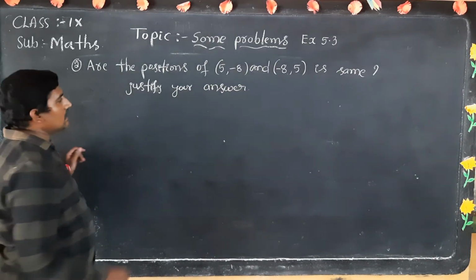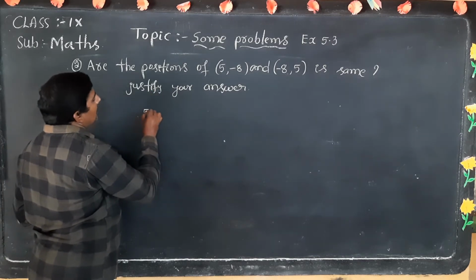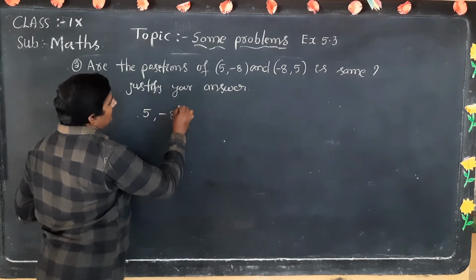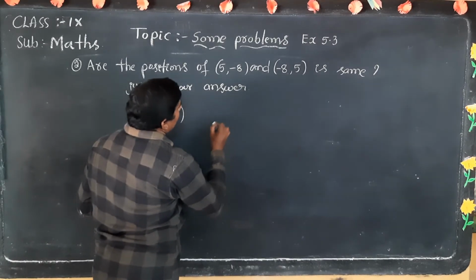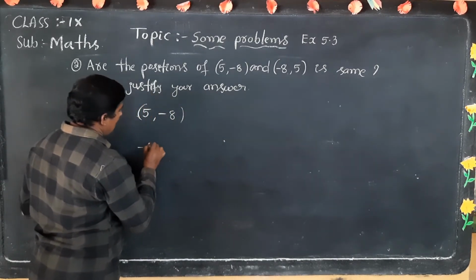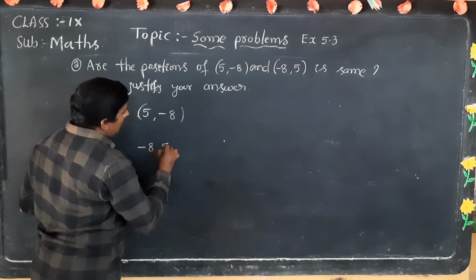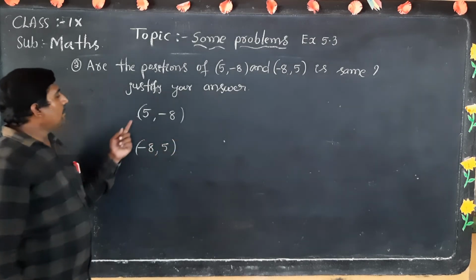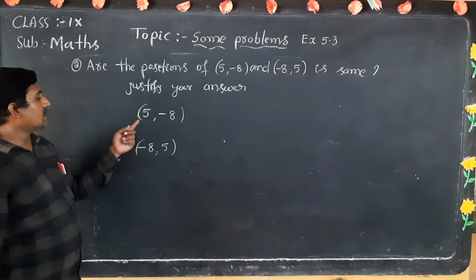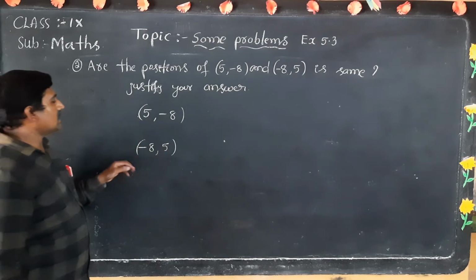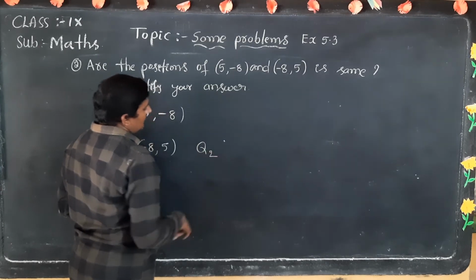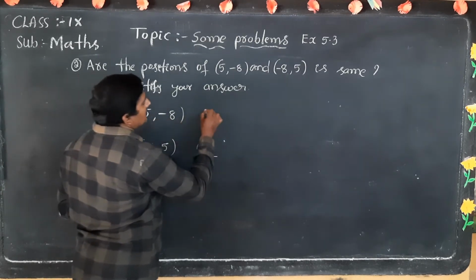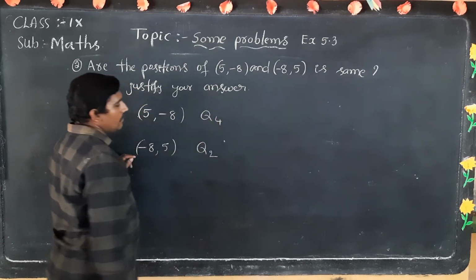What they are saying is this is (5, -8), and here (-8, 5). Plus comma minus, here minus comma plus. Minus comma plus means quadrant 2, and plus comma minus means quadrant 4.